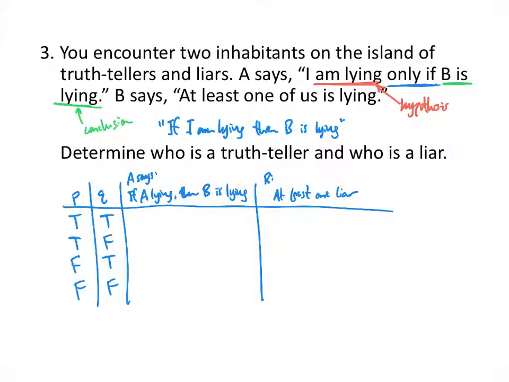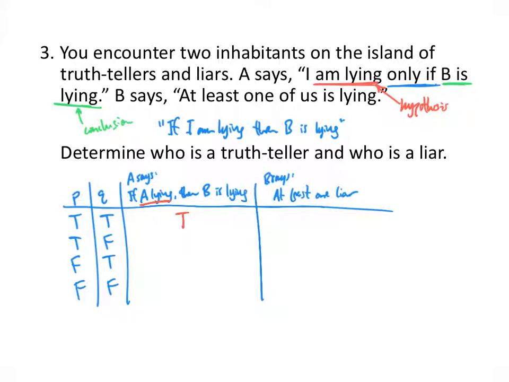Okay, so let's first look at what A says, thinking about our if-then truth table. So we know that in the first row of our table, the hypothesis, which is that A is lying, that hypothesis is false. And remember, when the hypothesis of an if-then statement is false, the entire if-then statement is true. So that one's true.